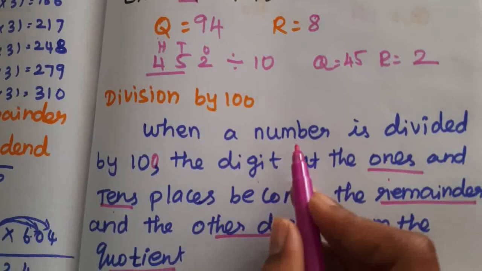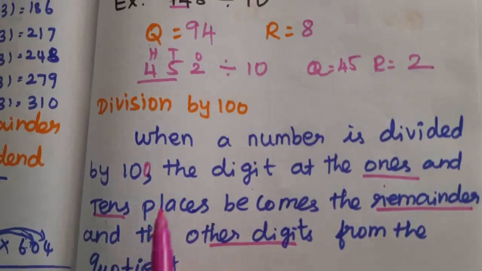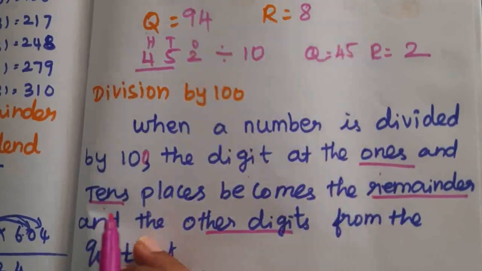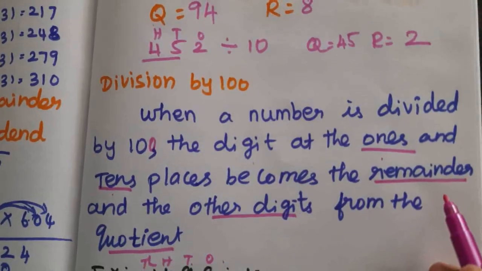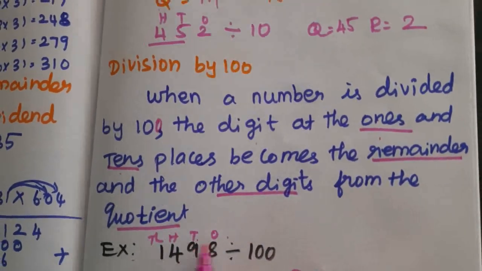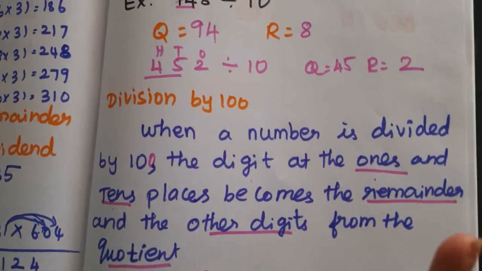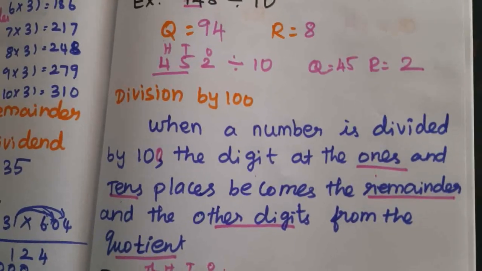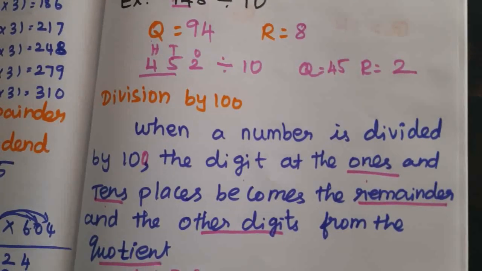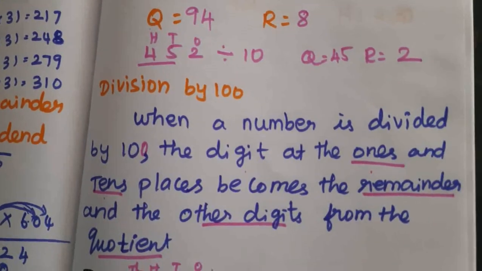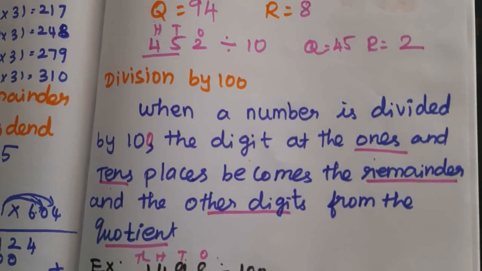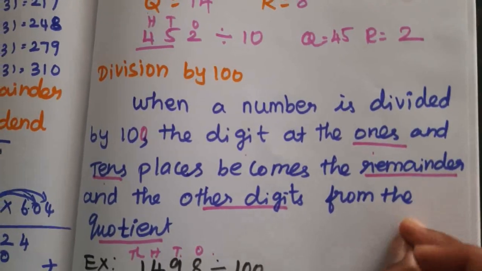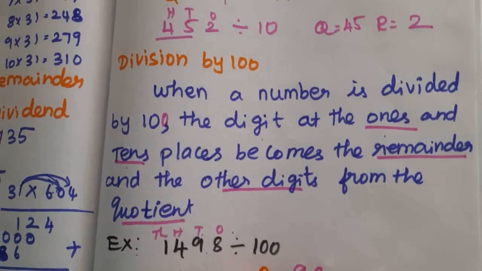In division by 100, the ones place and tens place are the remainder, and the remaining digits are the quotient.